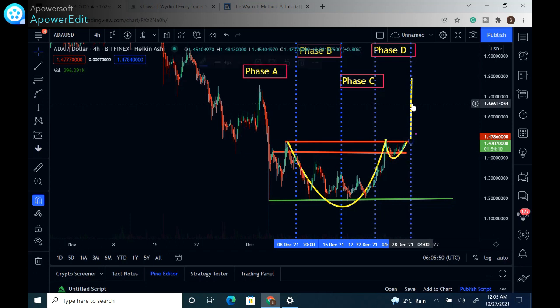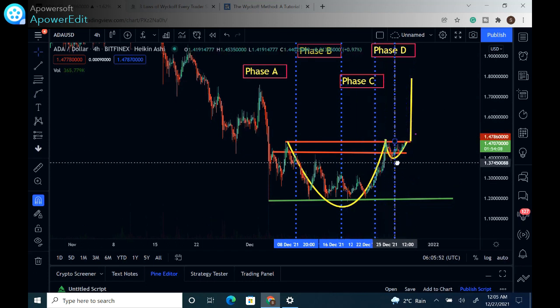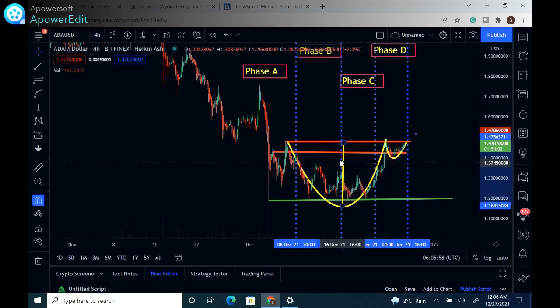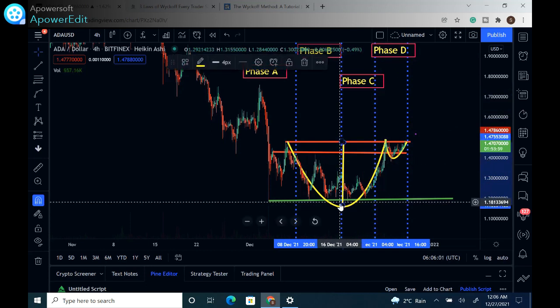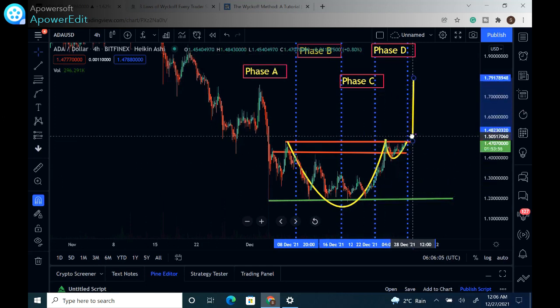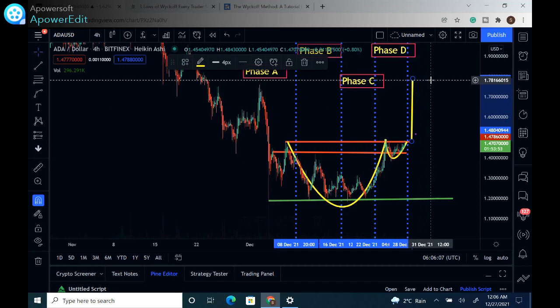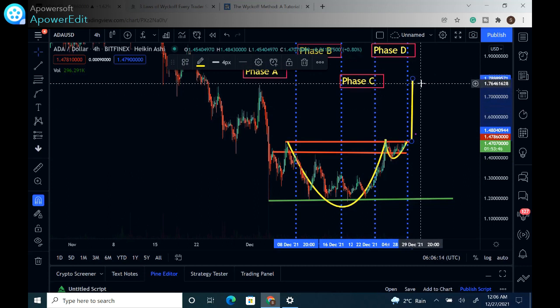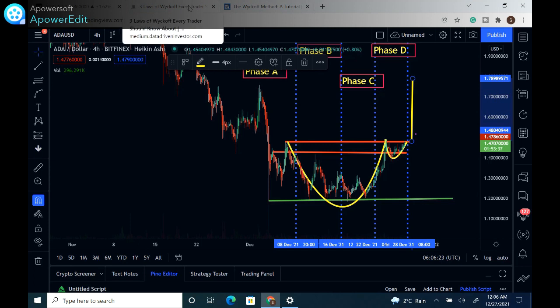If you draw from the resistance line to the depth of the curve, you can measure and you will get this price level. So what I'm predicting is that the initial target for Cardano is the 1.78 USD range, and then we will see massive upward movement.